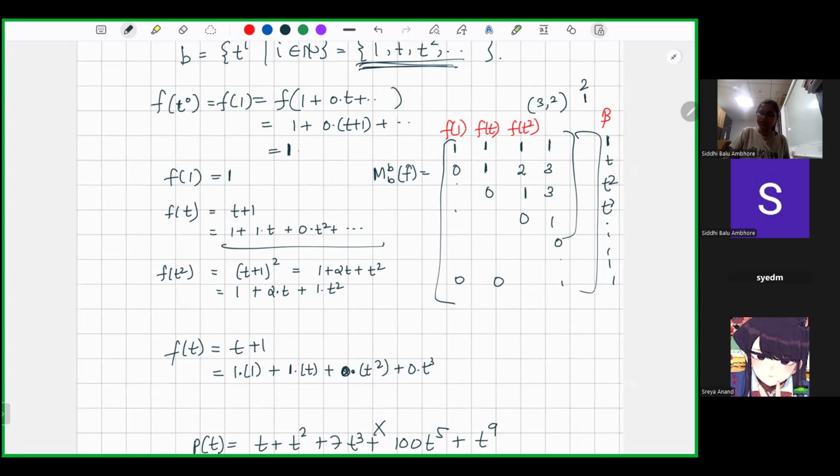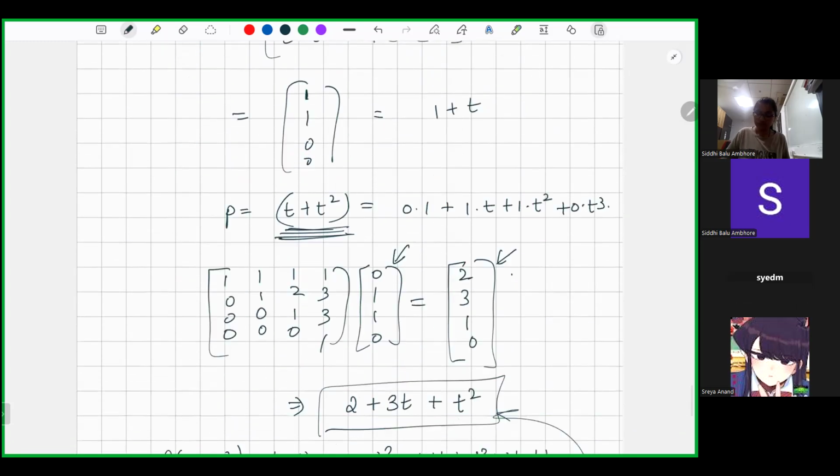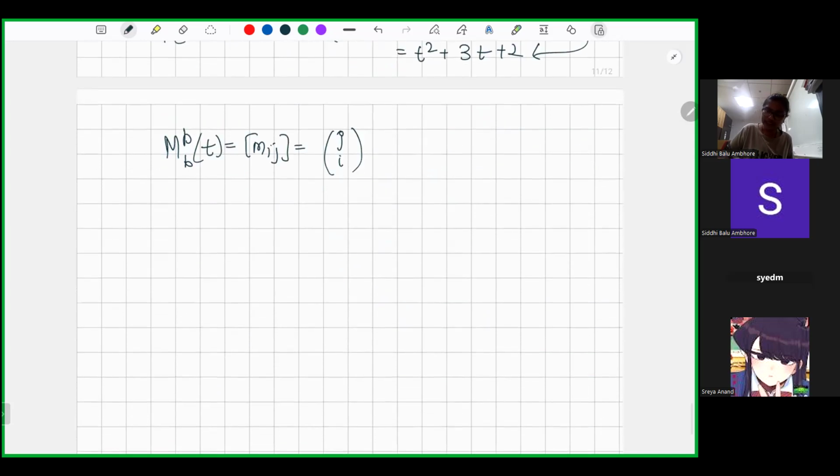We are starting with 0. Please fix the index, but yes, this is J choose I, where 0 less than or equal to J less than or equal to I less than or equal to N, and 0 otherwise.